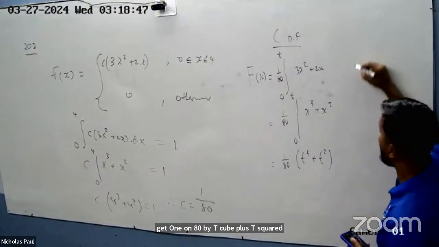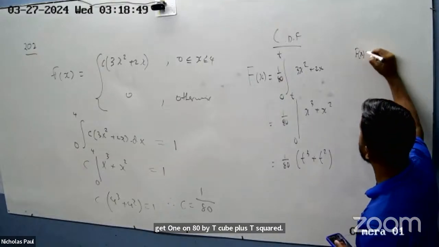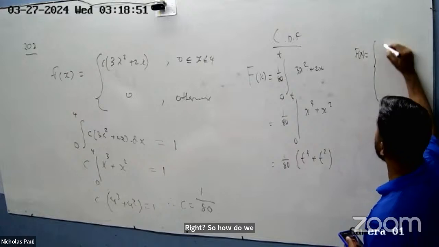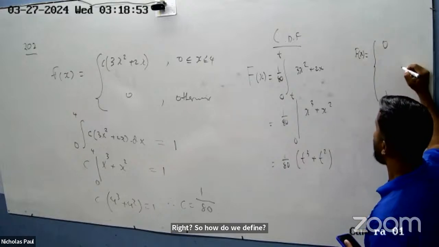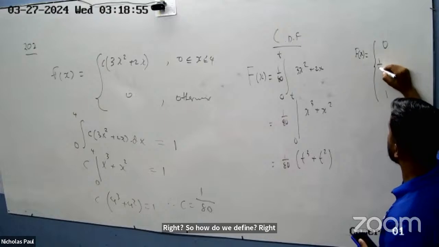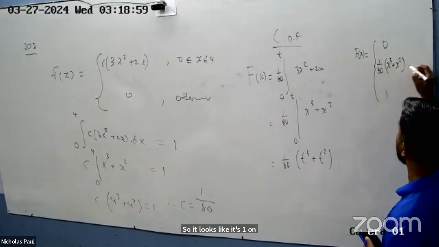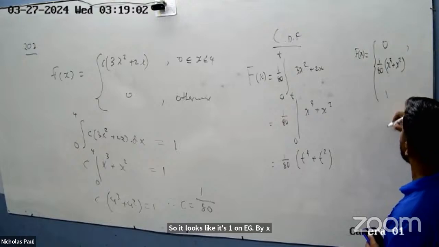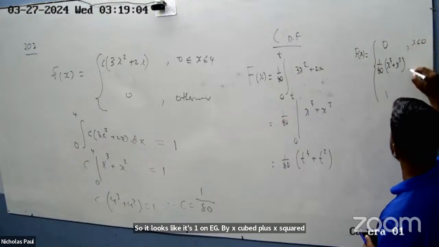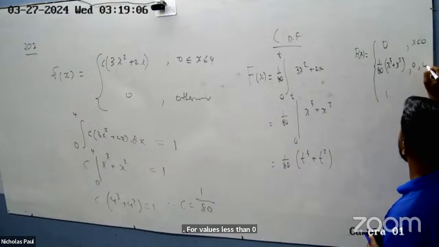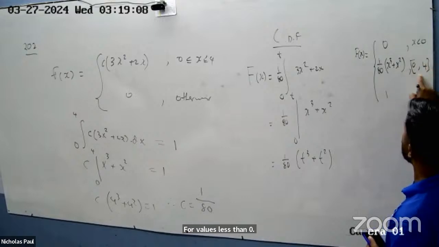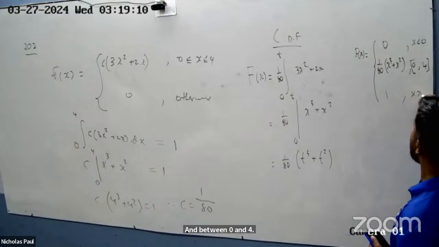So how do we define F of x? Remember, it's cumulative. So it looks like it's 1 on 80 times (x cubed plus x squared) for values between 0 and 4. For values less than 0 it is 0, and for values more than 4 it is 1.